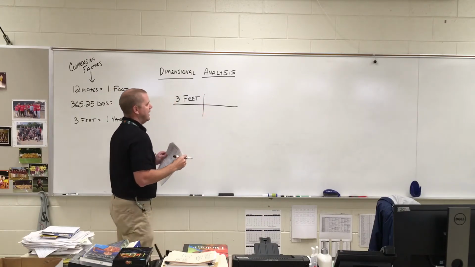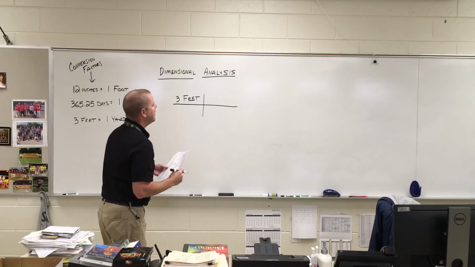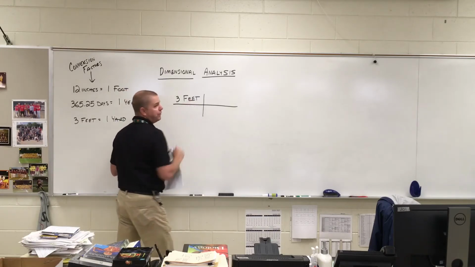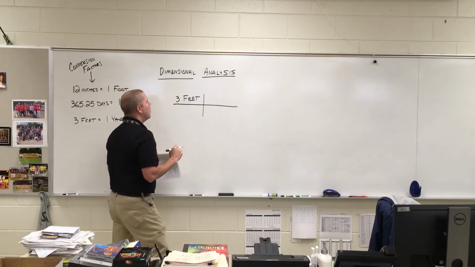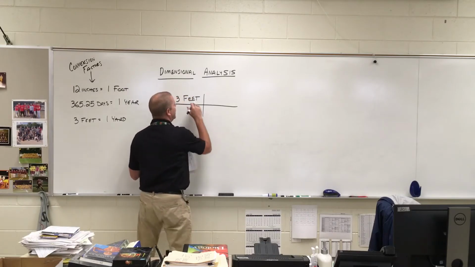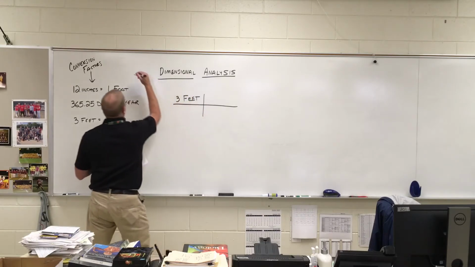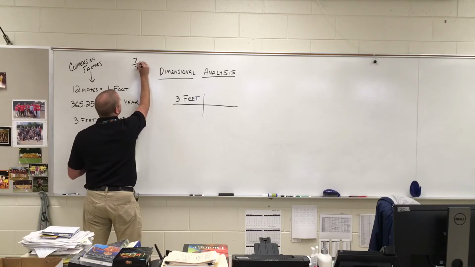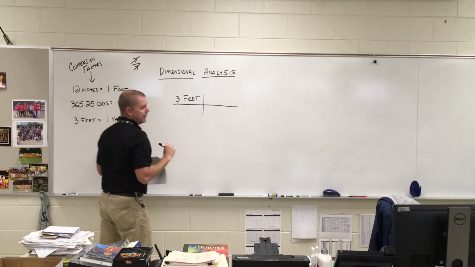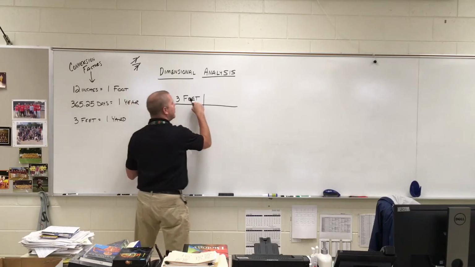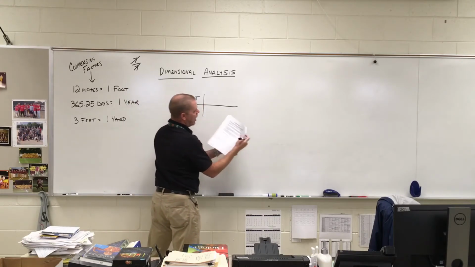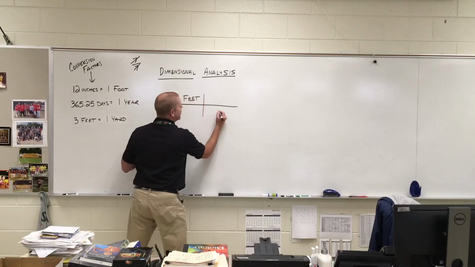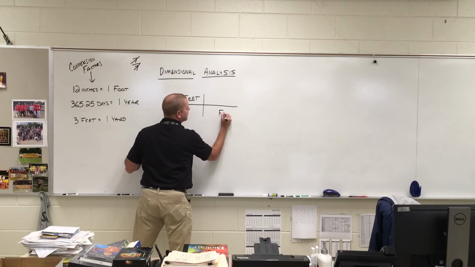And what we do with that is we want to cancel out feet, okay? And so just like in math, right? If I wanted to take a 7 out, I would divide it by a 7, and those things would cancel one another. Well, here, if we want to get rid of feet so that we can go to what we're being asked, inches, we got to put feet on the bottom.